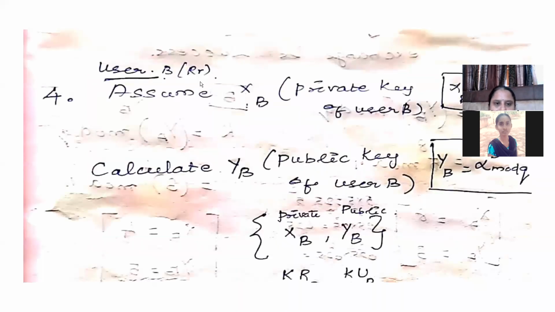Similarly, user B can be considered the receiver. Here also, X represents the private key and Y represents the public key.